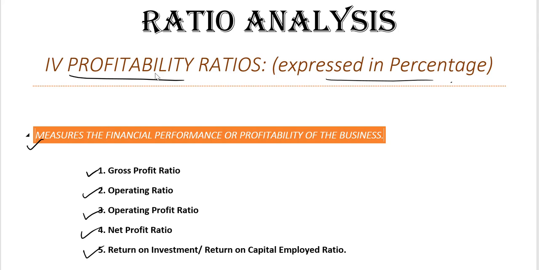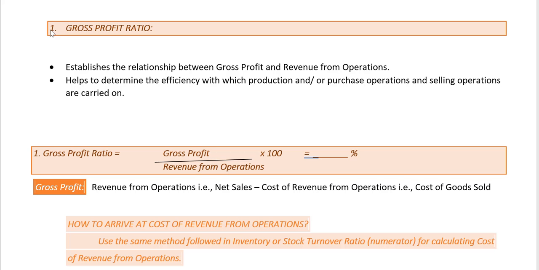So let's begin with the first ratio called the gross profit ratio. 1. Gross profit ratio establishes the relationship between gross profit and the revenue from operations, and helps to determine the efficiency with which production and or purchase operations and selling operations are carried on.